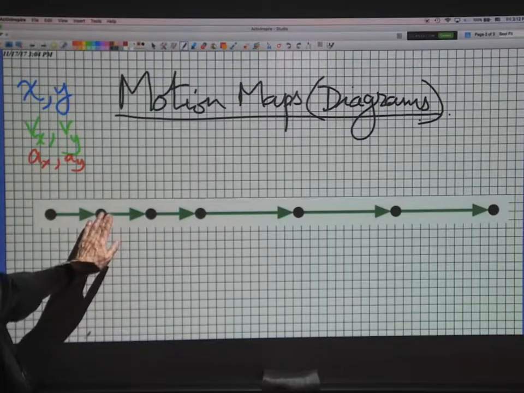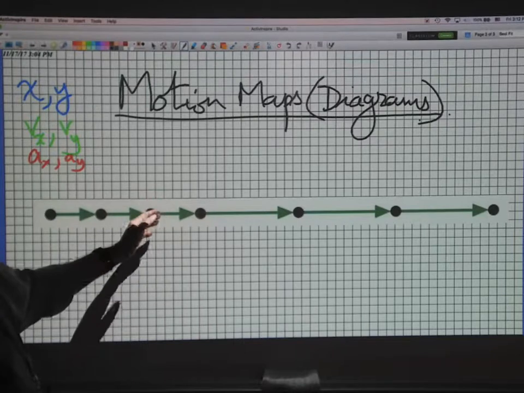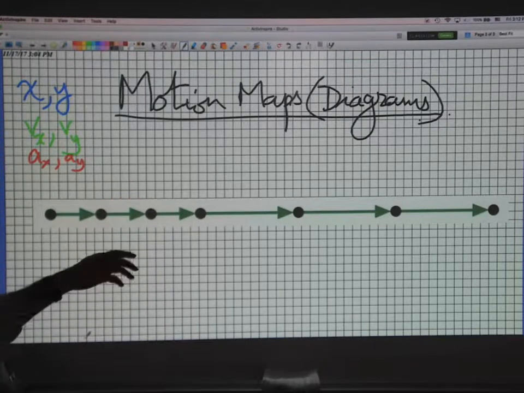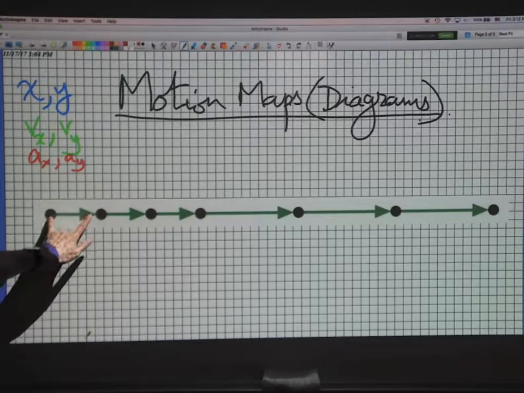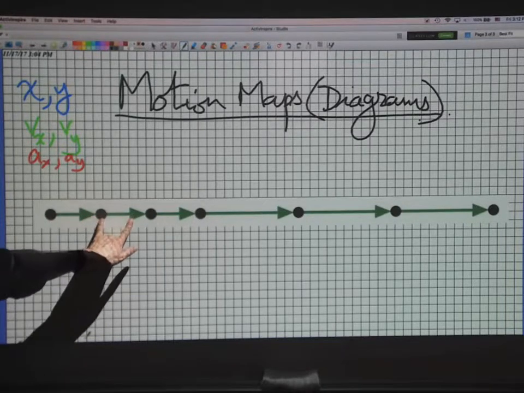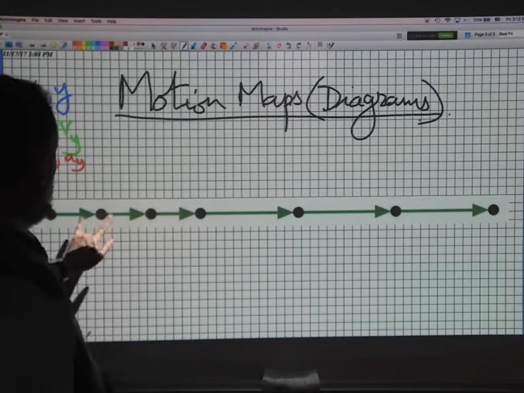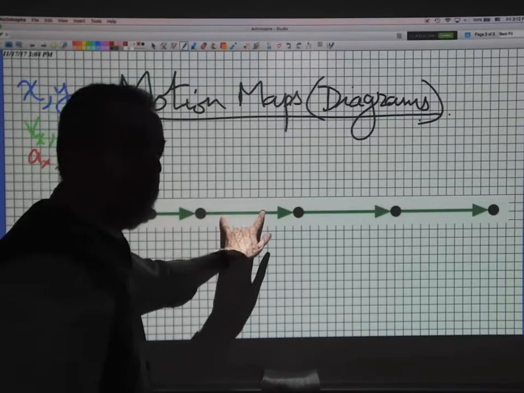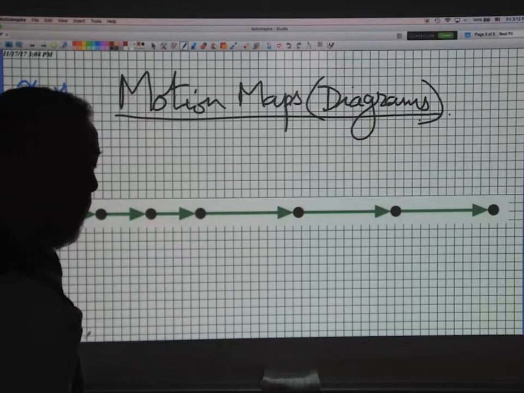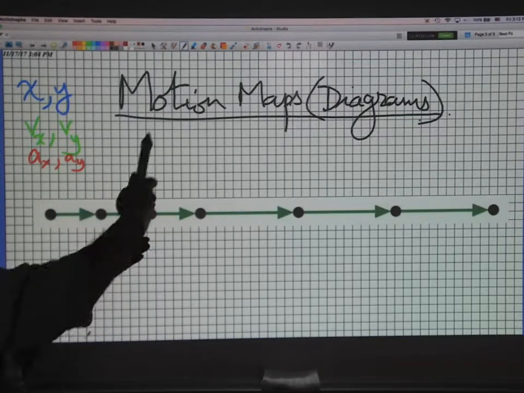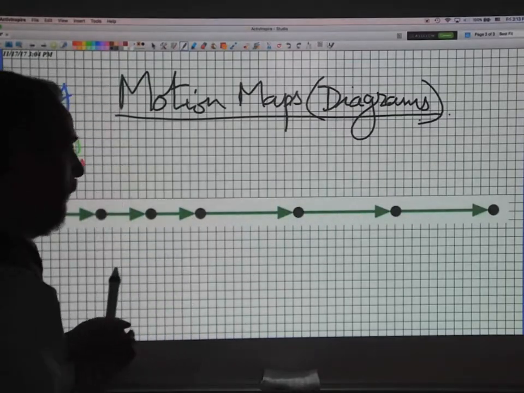From dot to dot, it's an equal amount of time, like for example, 1 second. We're going to go with that to make it easy. So this is an initial velocity, this is a future velocity. Or this is an initial velocity, this is a future velocity. So all of these are representing the initial velocity and some subsequent velocities beyond that.